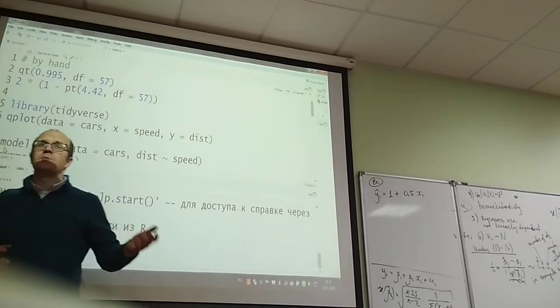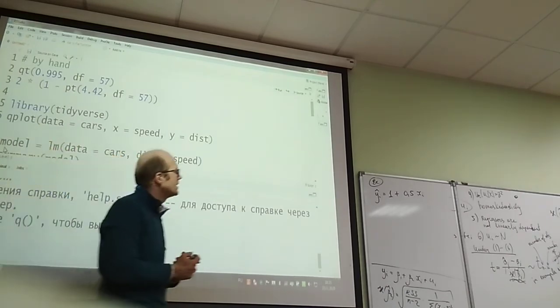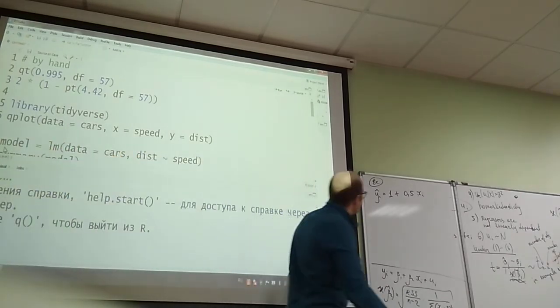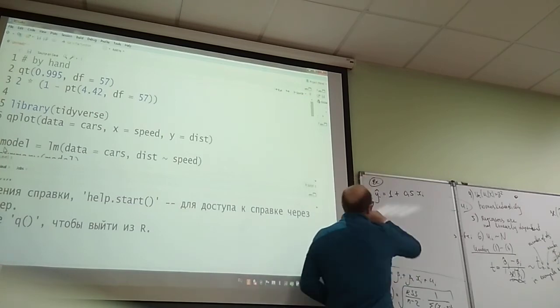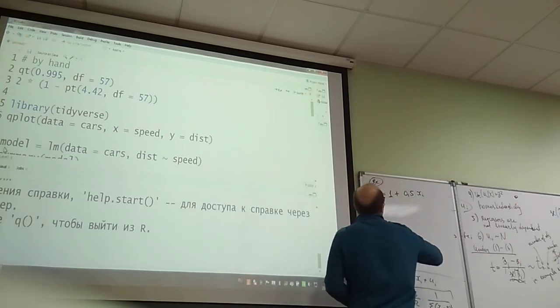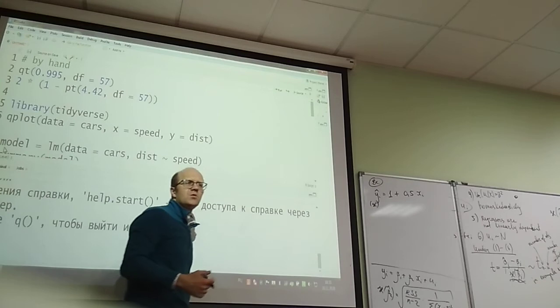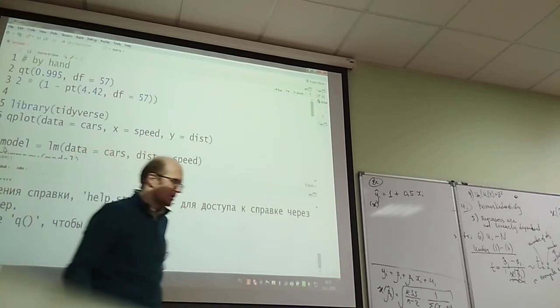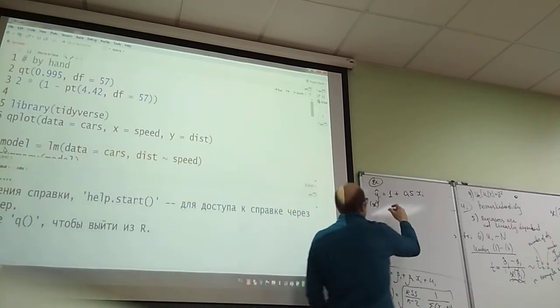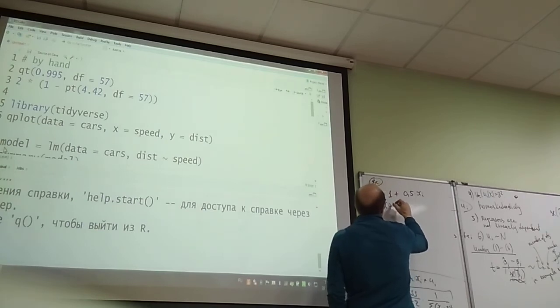It's a dependency between the number of cakes you have eaten and x, the number of cups of coffee you drink. Usually standard errors are denoted in reports below coefficients in brackets. So, for example, we have 0.3 standard error, and here 0.1.